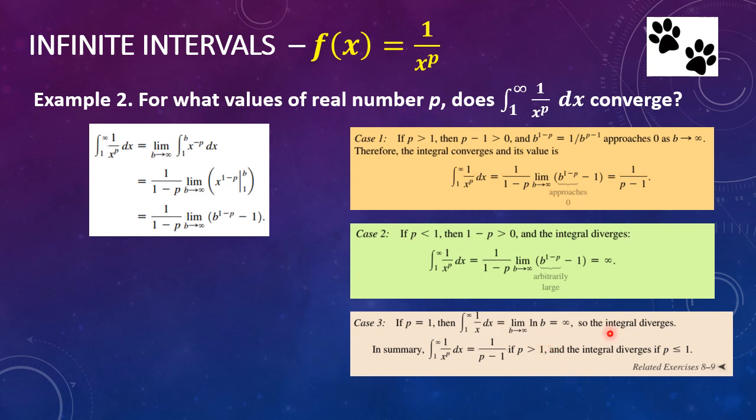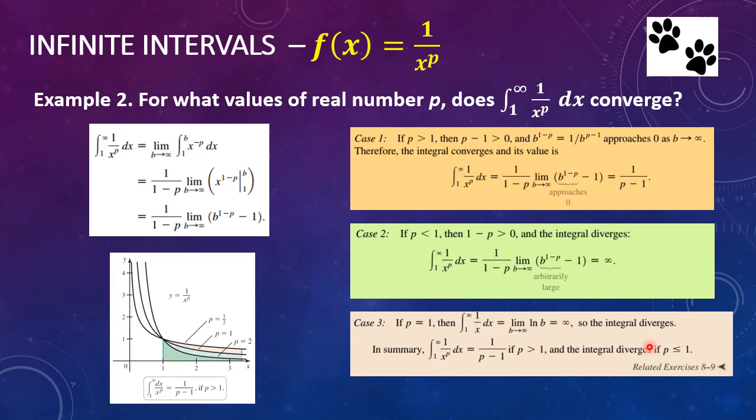And this of course equals infinity, so the integral diverges. I mean, you could put in the natural log of 1, which is 0 too, but so you have infinity minus 0.